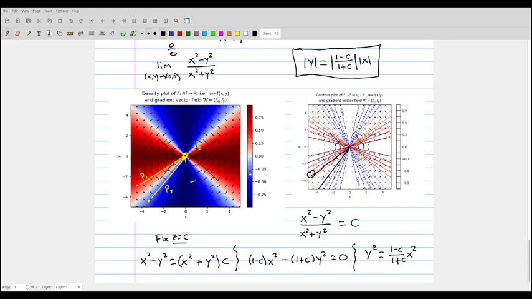So this is the shape of our contour lines, or level curves, for this function. For any given value of c in the range of the function, this is what the level curves are going to look like. And this is exactly what we're seeing.